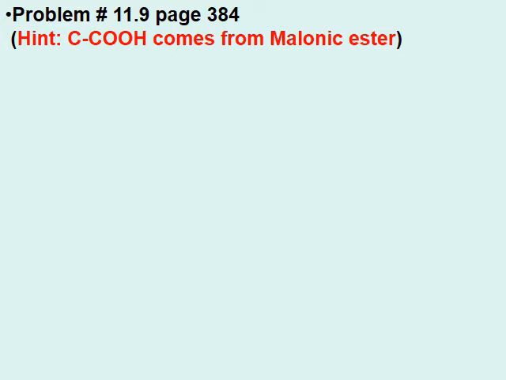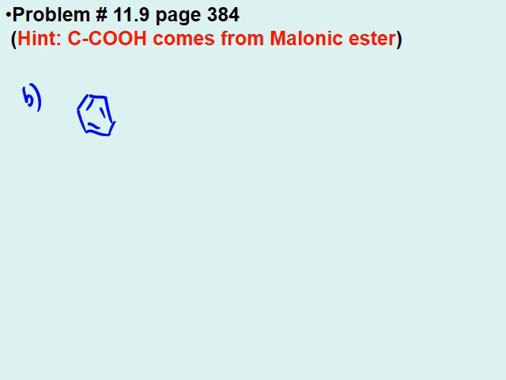Let me first write down question 9b, page 384. You have a benzene ring, with double bond, single bond, double bond, single bond, double bond. So that's the benzene ring.